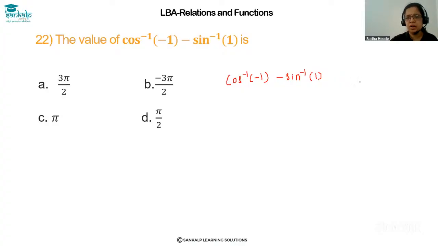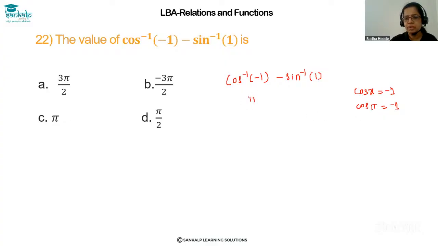If I write cos x is equal to minus 1, what is the value of x? For what value of x will you get the answer as minus 1? X is pi, correct, because cos pi is equal to minus 1. This implies cos inverse minus 1 is equal to pi.